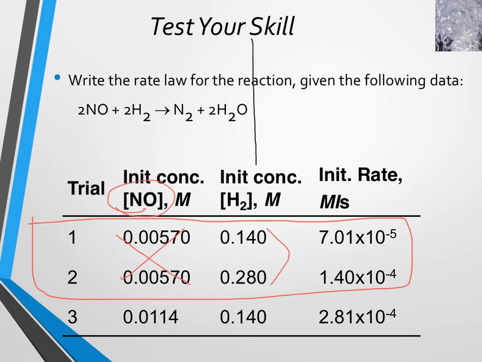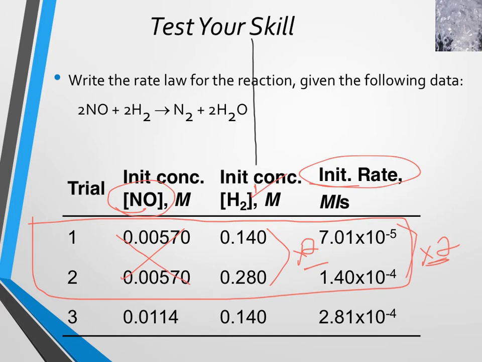The concentration of hydrogen gas is doubled, and the rate of the reaction upon doubling the concentration of hydrogen gas also doubles. So intuitively, you can see there's a 1-to-1 relationship, and that says that it's first order with respect to hydrogen gas. But I want to show you a mathematical way of demonstrating that you understand that.